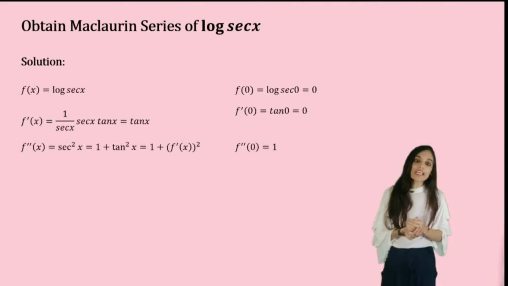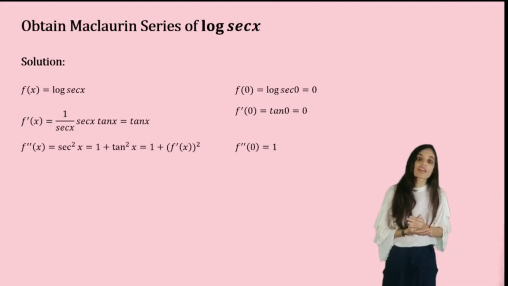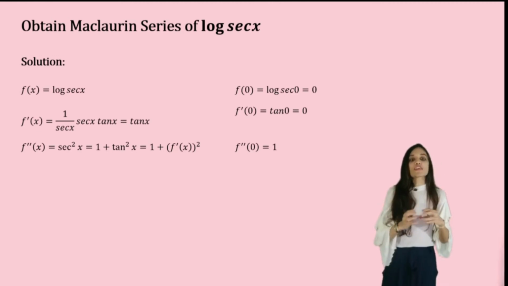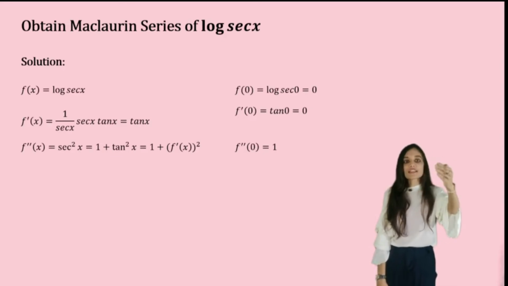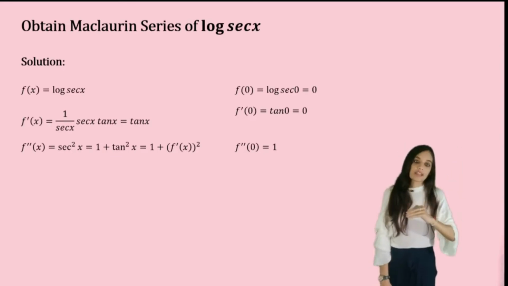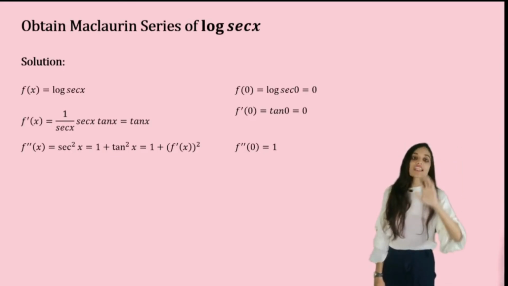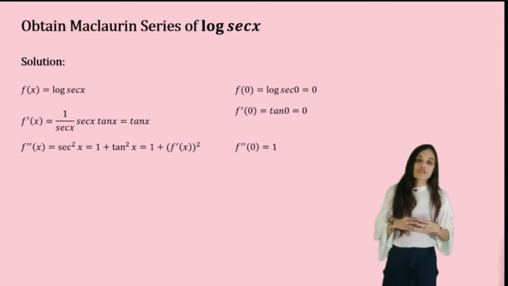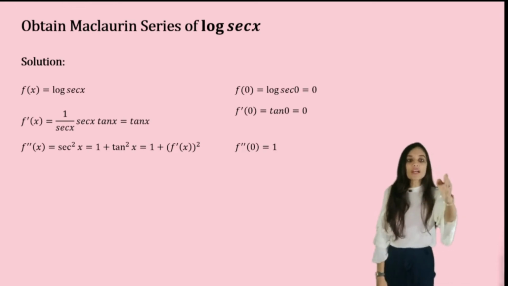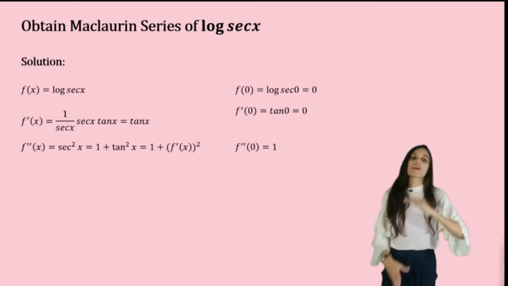Now, in order to make our derivative simpler, we will convert this into f of x and f dash of x terms. So sec square x is equal to 1 plus tan square x. Now we know tan x is f dash of x, so we will replace it. So finally our second derivative is equal to 1 plus f dash of x whole square.